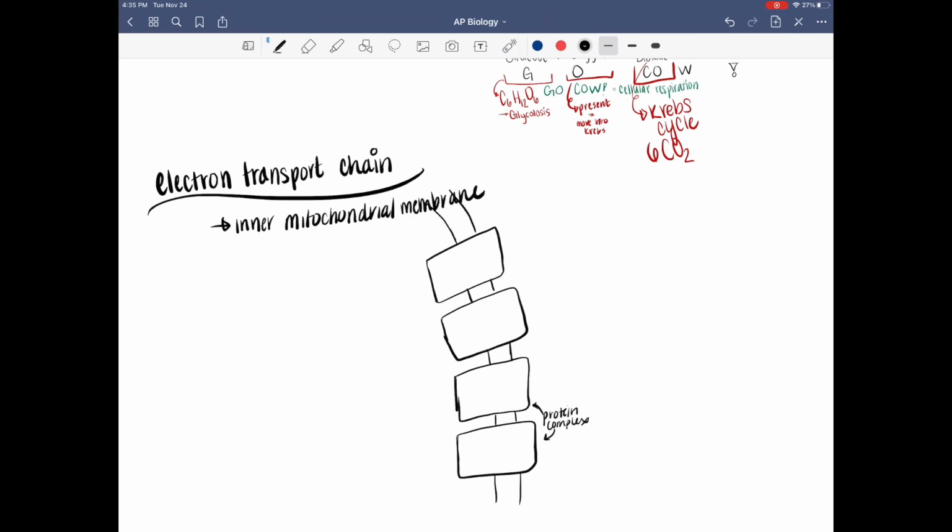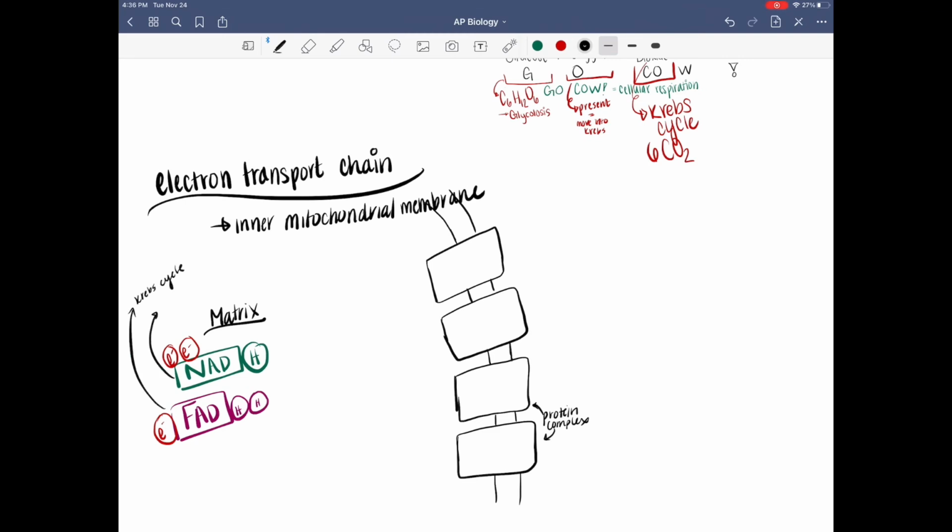So we're going to be looking at our protein complexes in the membrane. Now within the matrix, we will have the NADH and the FADH2 that was created in Krebs cycle, and remember that NADH was made in both glycolysis and Krebs cycle.